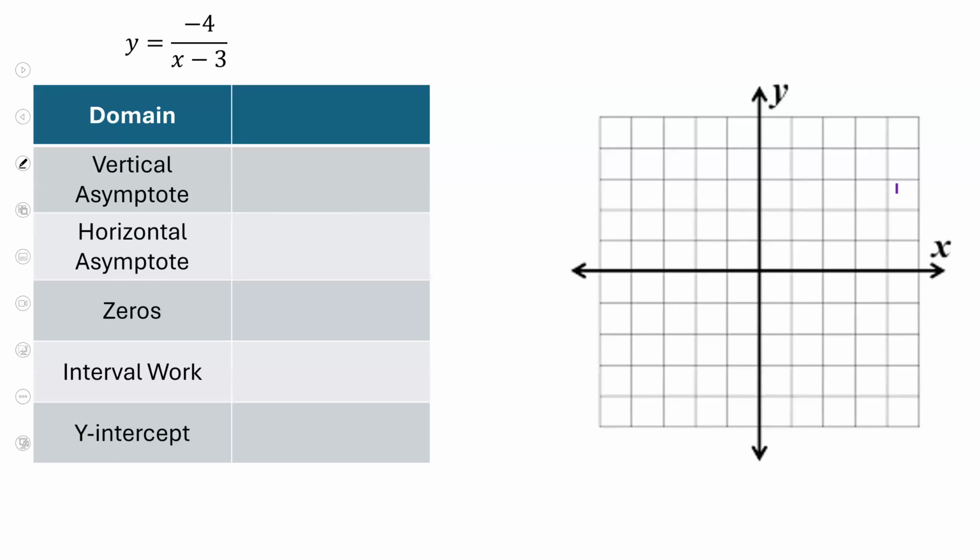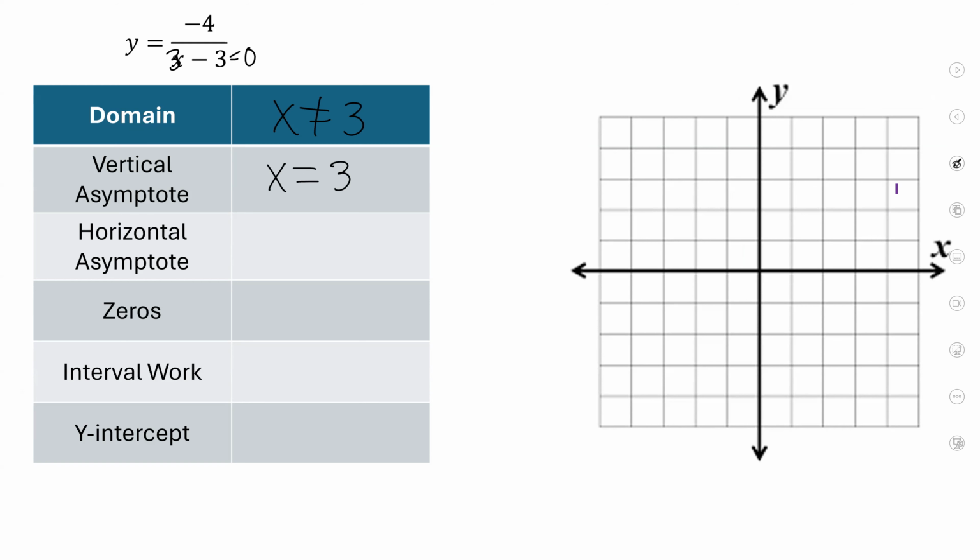Okay, so your domain. We do not want 0 in the denominator, so you do not want 3 as a part of your domain. If you plug in a 3 here, this will be 0, and we don't want that. That means we have a vertical asymptote at 3.